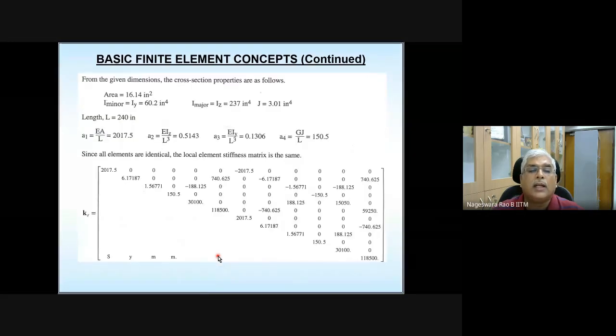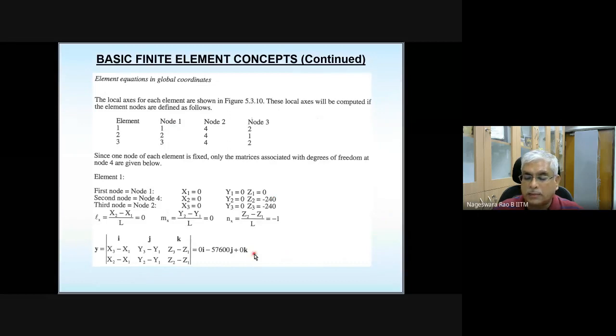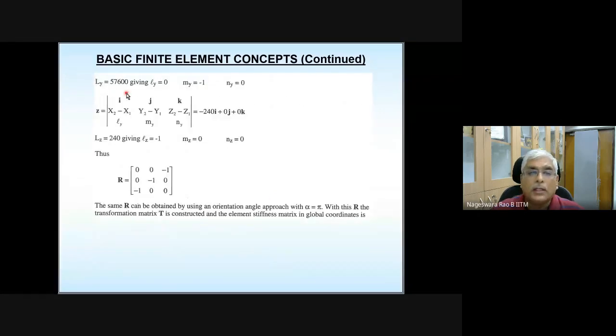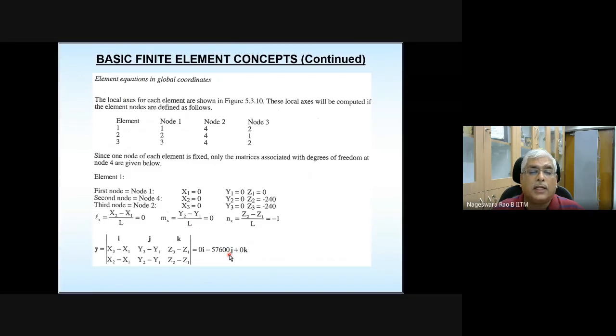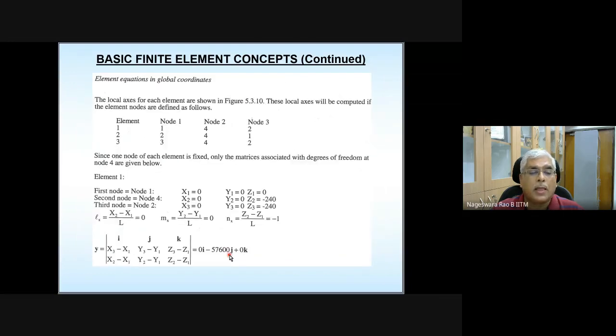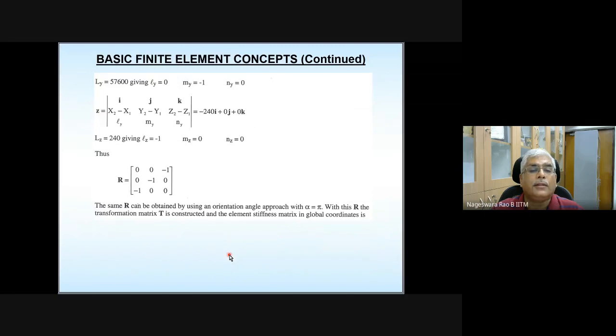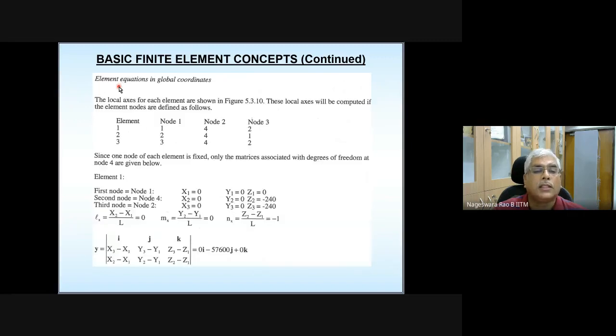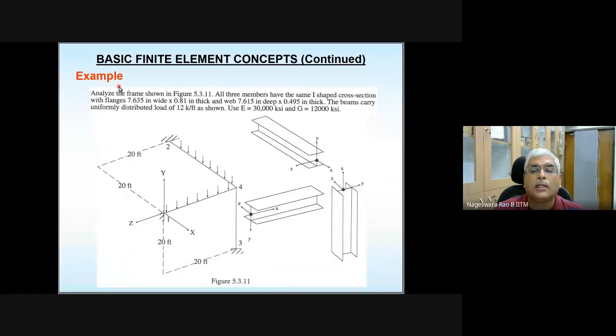You can see the length is 240 inches, so you divide by this. This is all in inches. This one, what is this? 240.